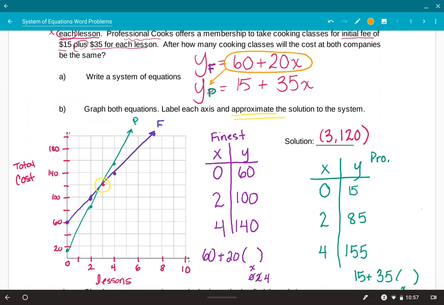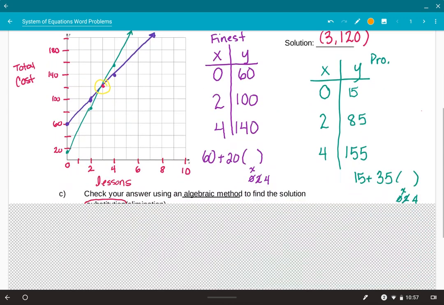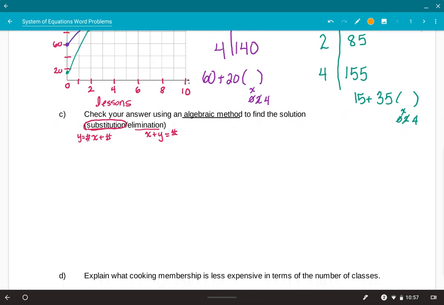So instead of y, I'm going to put 60 plus 20x equals 15 plus 35x. And we're setting them equal to each other so we can find out when they equal the same number. So when are these two companies the exact same price?